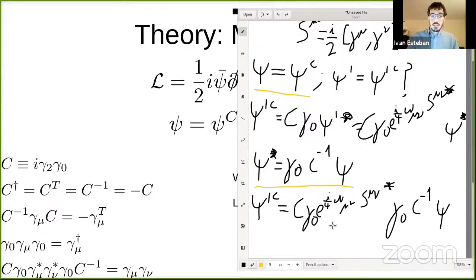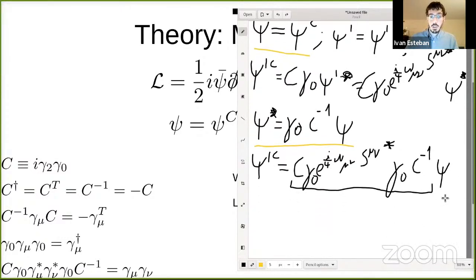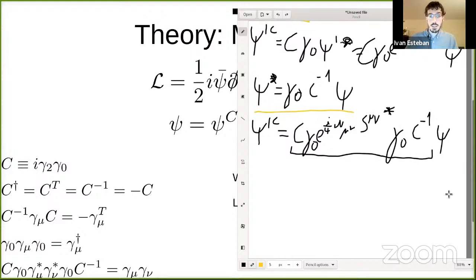Okay, so now we have this horrible expression here that we want to somehow simplify to see, once again, if the charge conjugate of the Lorentz transformed field is the Lorentz transformed field itself. And to simplify this expression, we have to use several properties of both the gamma matrices as well as of the charge conjugation matrix.